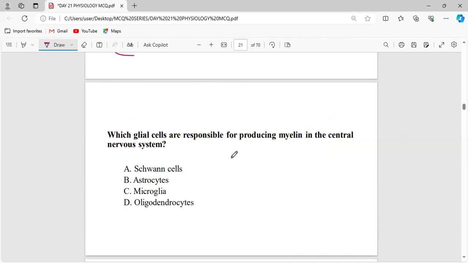Which glial cells are responsible for producing myelin in the central nervous system?